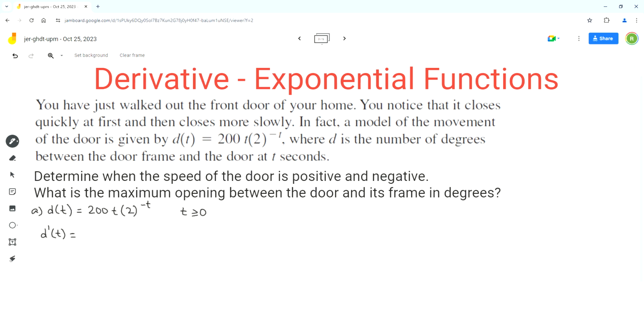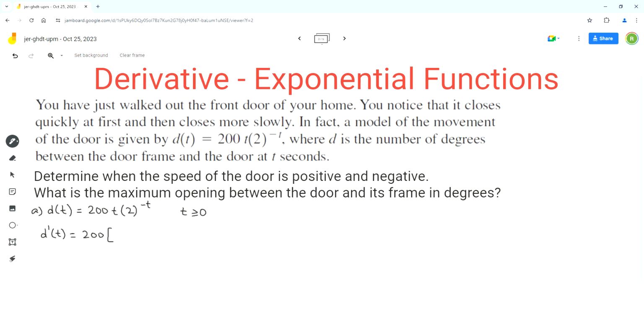In this d function, 200 is the coefficient, so we can keep it outside the brackets. Now this function is made up of two types of functions, t, which is a polynomial function, and 2 to the power negative t, which is an exponential function, and they are being multiplied. So we should use the product rule to find its derivative.